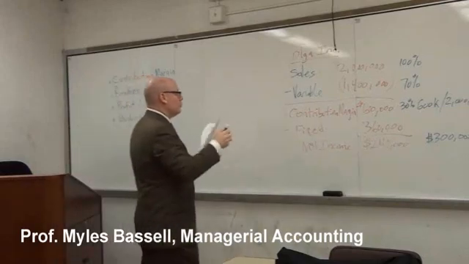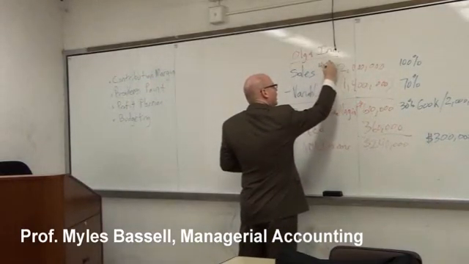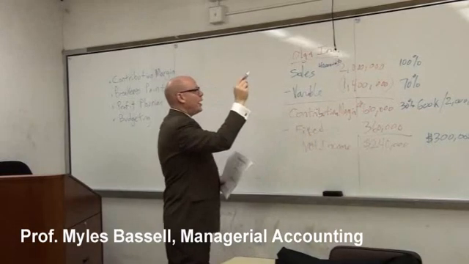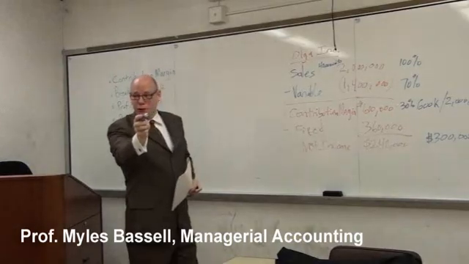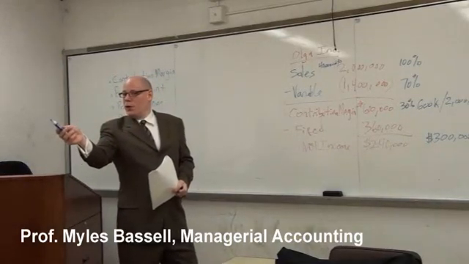So remember, this is at 40,000 units. If we're selling 40,000 units and our sales are $2 million, what does that tell us?